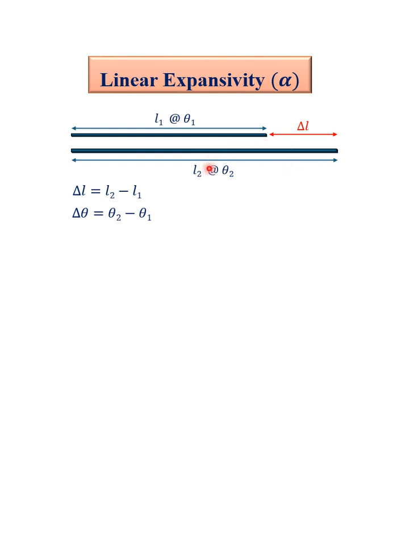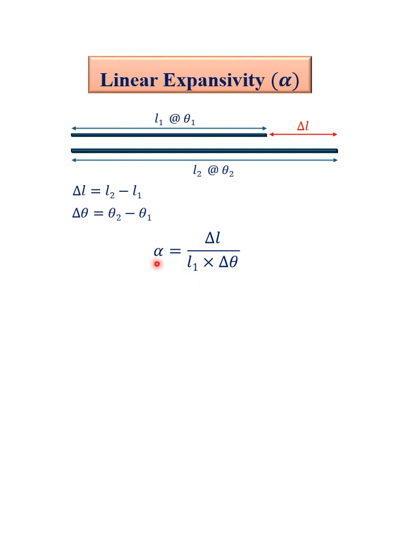So this scenario is describing linear expansivity because the length is changing because of expansion. Now, what is linear expansivity? Linear expansivity is therefore the change in length of a material as a result of change in temperature, and it is mathematically expressed like this.